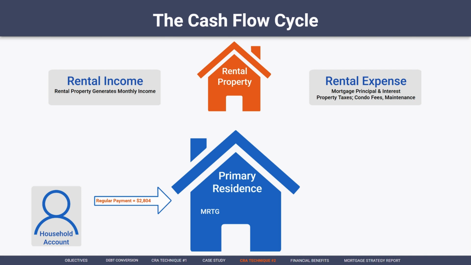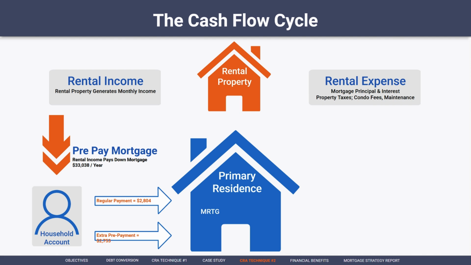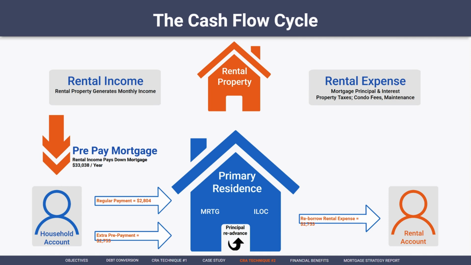We receive just over $33,000 in rental income annually on the property. That's $2,753 each month that we can use to prepay the mortgage and drive that non-deductible debt to the ground. That equity becomes available in the investment line of credit, and we draw that same $2,753 back out into the rental checking account. From there, we use the funds to make all the payments on the rental property.